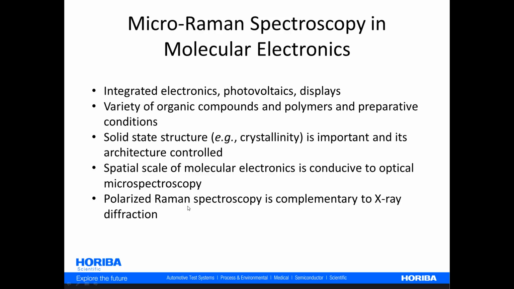What I am suggesting here is that where it is not practical to apply X-ray diffraction, particularly if you need spatial resolution or mapping out of areas to confirm relative orientations from one location to another of your crystalline materials, then polarized Raman spectroscopy, and specifically micro-Raman spectroscopy, is a very good approach to take.